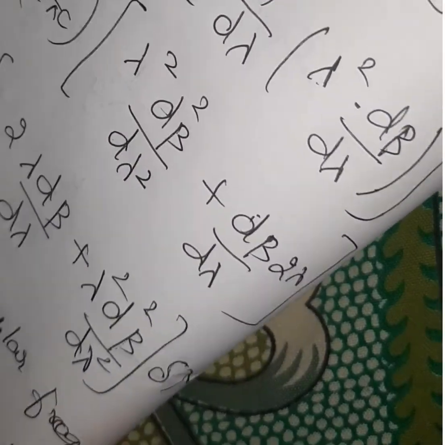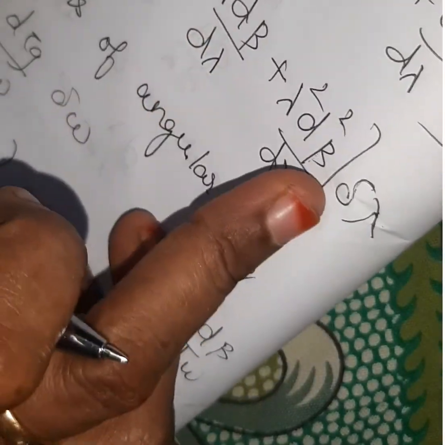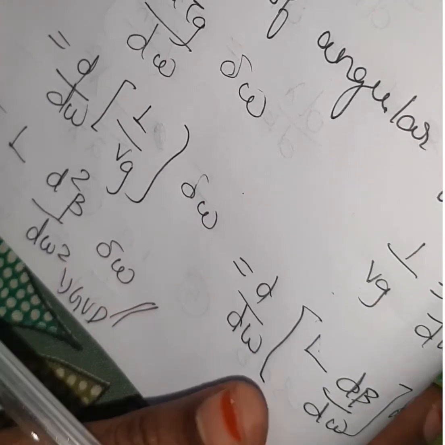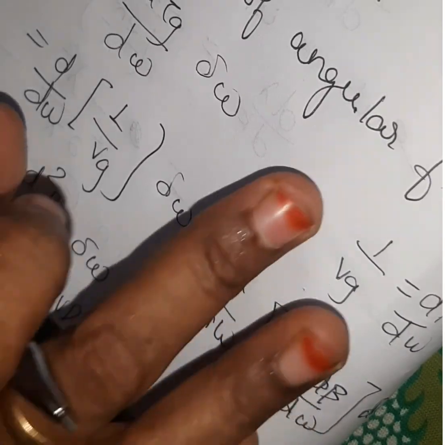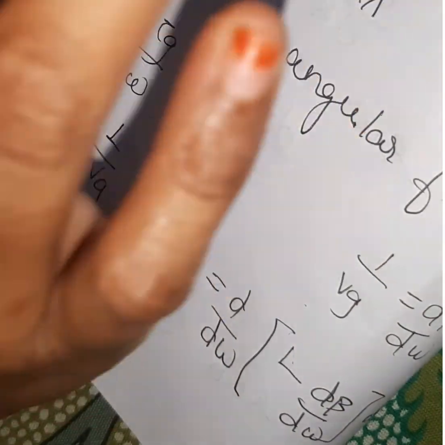Can you understand? We have derived the group delay in terms of the spectral component, and also in terms of the angular frequency. First we derived the group delay in terms of the wavelength. What do you mean by group delay?